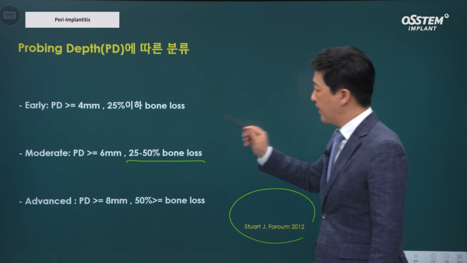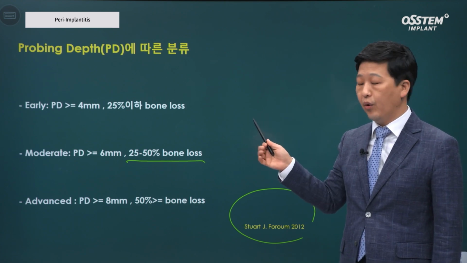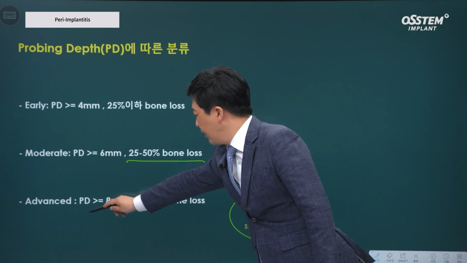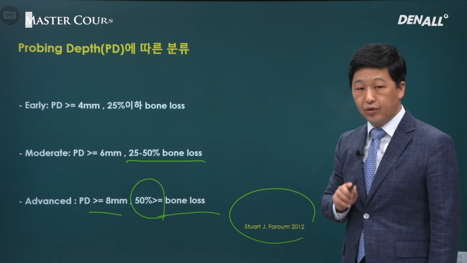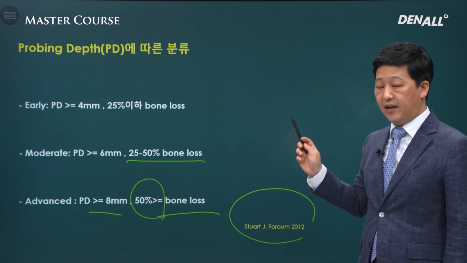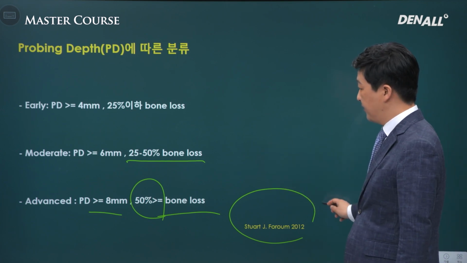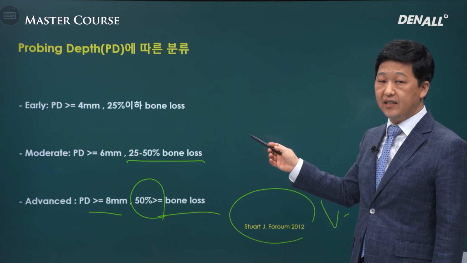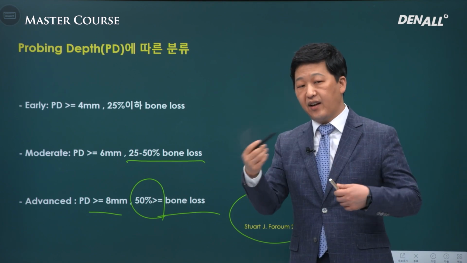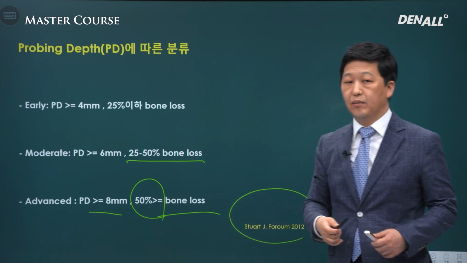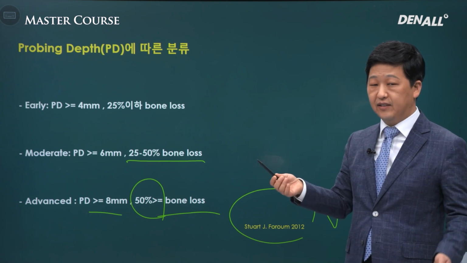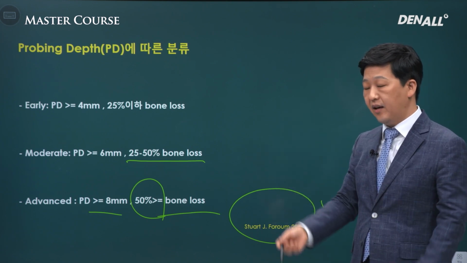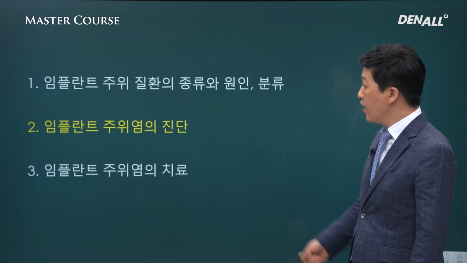If there's probing depth of over 6 millimeters and bone loss of 25 to 50%, it is moderate, and if it is beyond 8 millimeters and there's bone loss of over 50%, it is classified as advanced peri-implantitis. This classification is not an absolute rule, but you can use it as a tool for communication. You can refer to it when you have conversations.